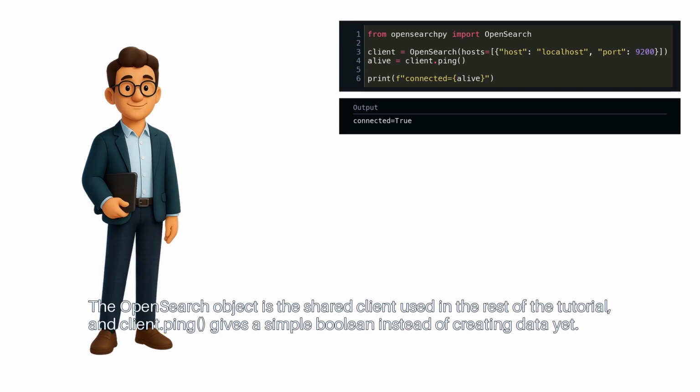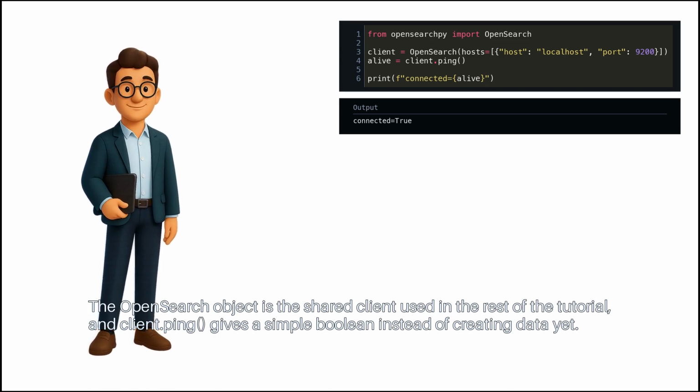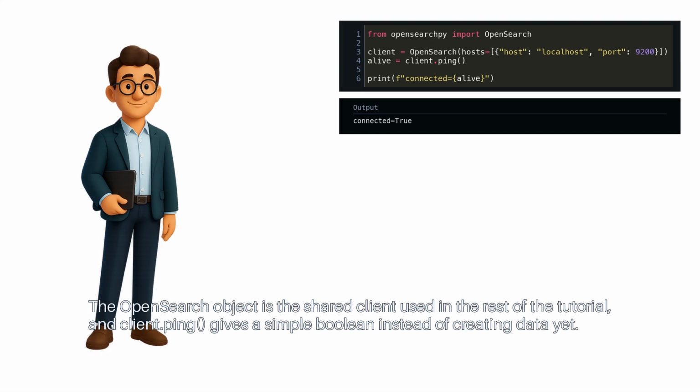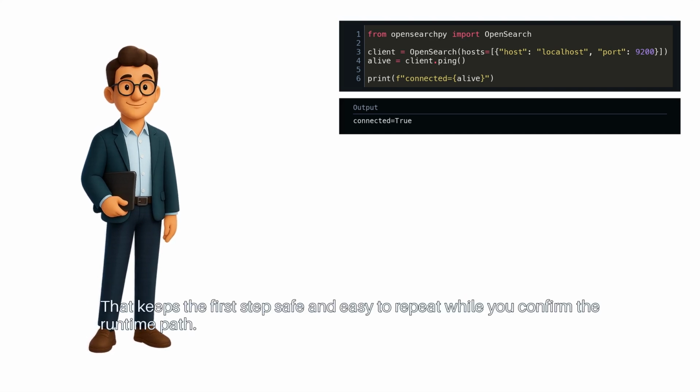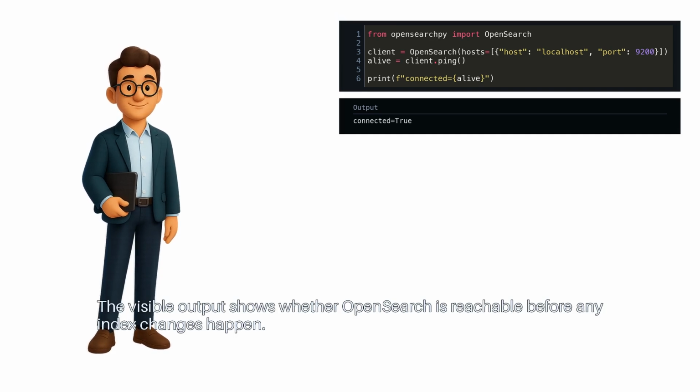The OpenSearch object is the shared client used in the rest of the tutorial, and client.ping gives a simple boolean instead of creating data yet. That keeps the first step safe and easy to repeat while you confirm the runtime path. The visible output shows whether OpenSearch is reachable before any index changes happen.